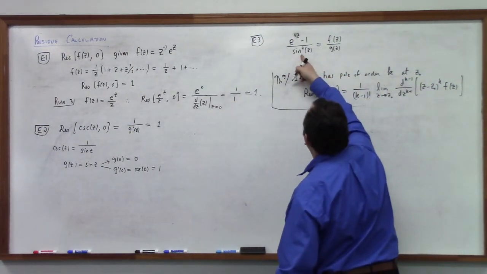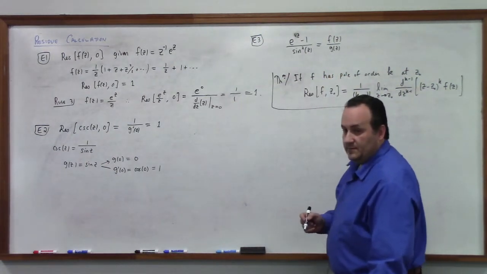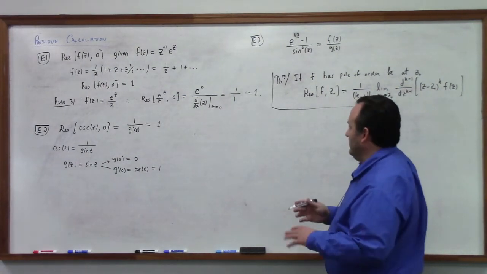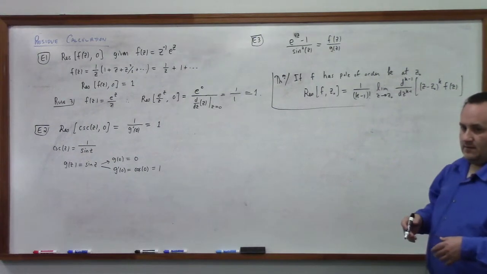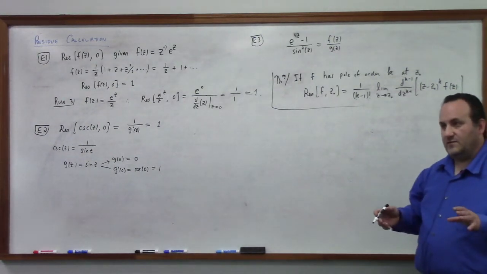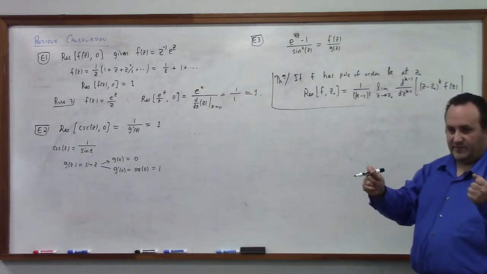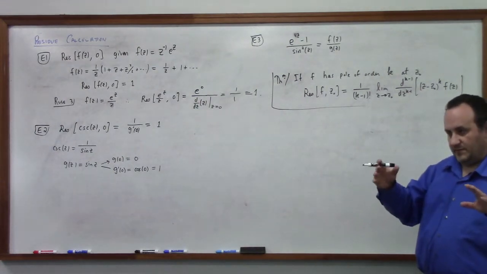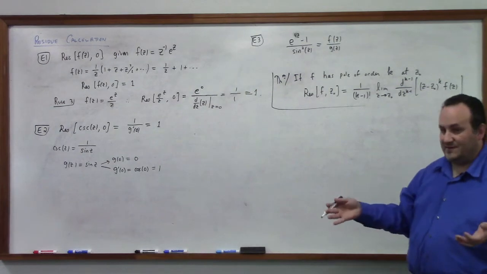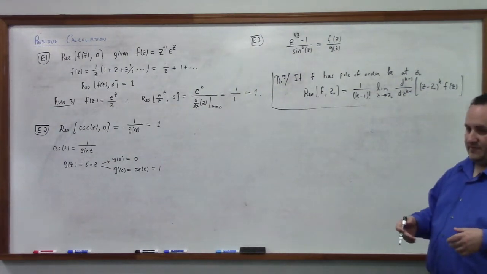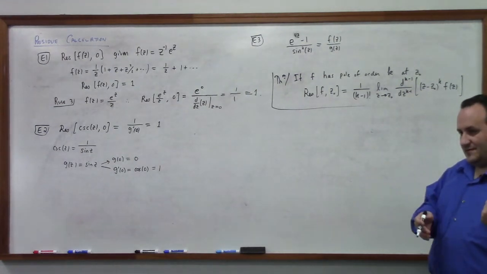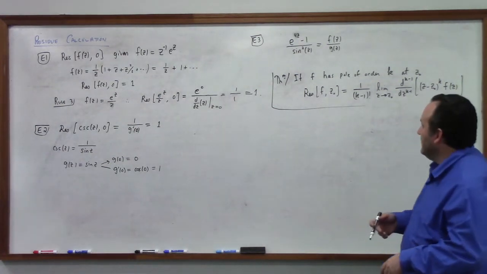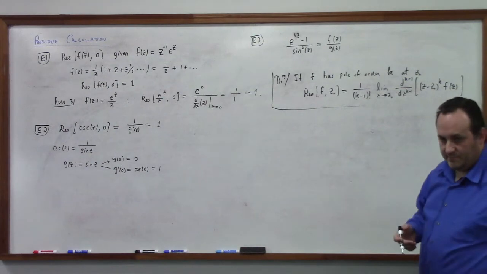Sine squared of z, right? That is a double 0. How do I know that? Well, just break it up, sine z times sine z. Fun fact: if you take a function that has a simple 0, the square of it has a double 0. If you cube it, it's got a triple 0. If you have a function with a double 0 and you cube it, it's got a 0 of order 6. These things you can easily prove. So Rule 3 is out.